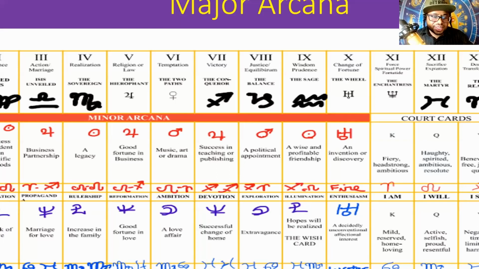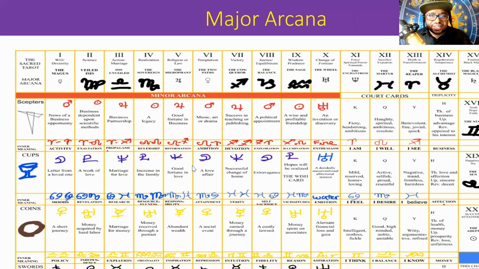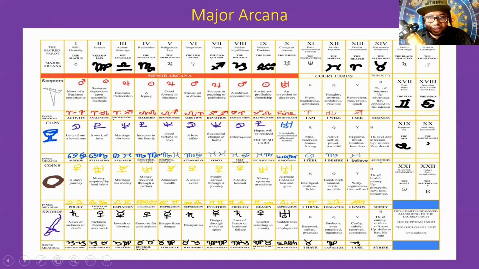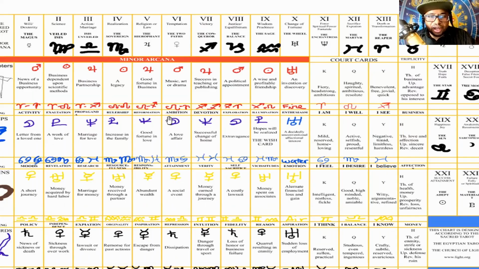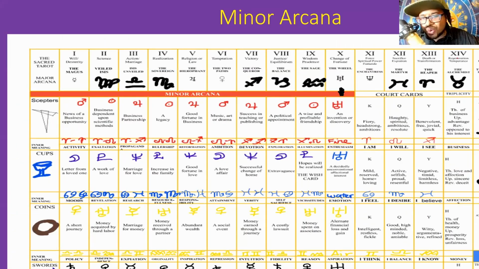Now, the next one that we will go to is the minor arcana. All right, so the minor arcana is going to be everything that's below here, 1 through 9, 1 through 10, but we'll deal with how that 10th card works.